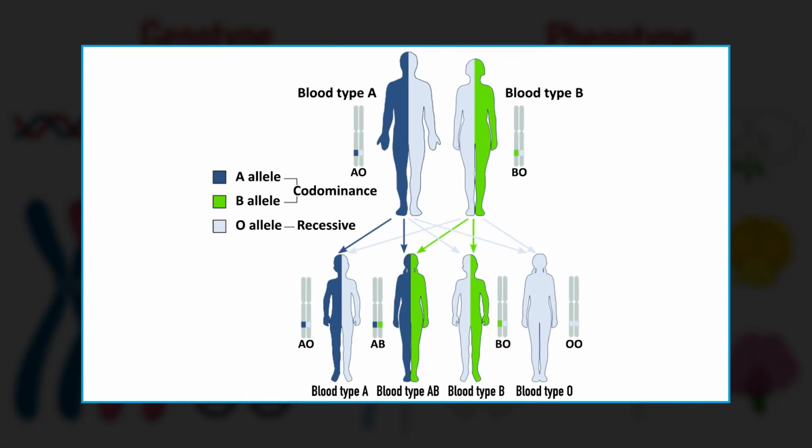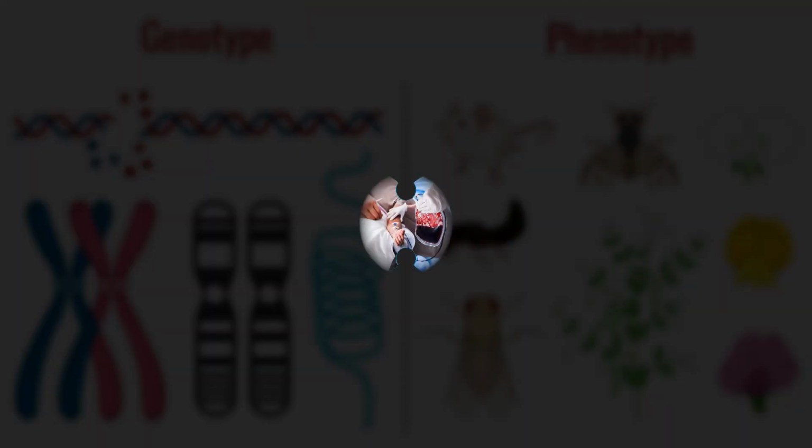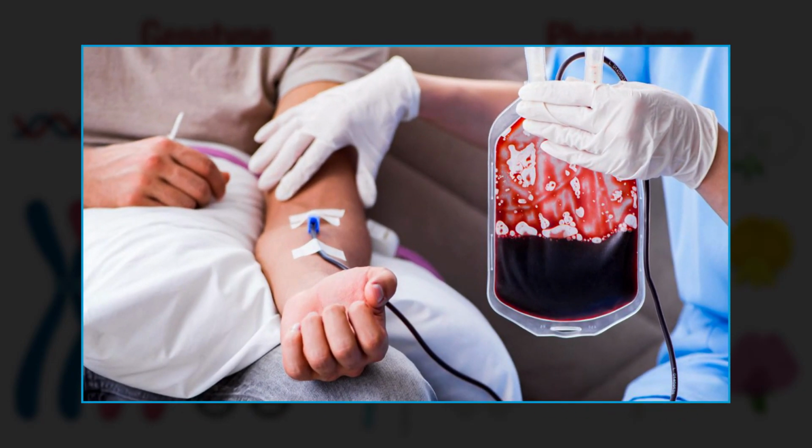An example of codominance occurs in the human ABO blood group system. Many blood proteins contribute to blood type, and the ABO protein system in particular defines which types of blood you can receive in a transfusion.